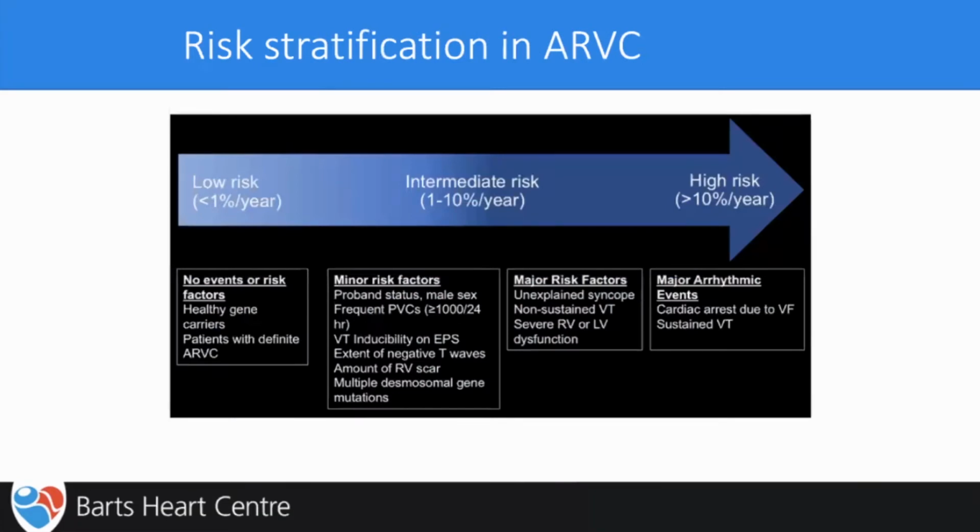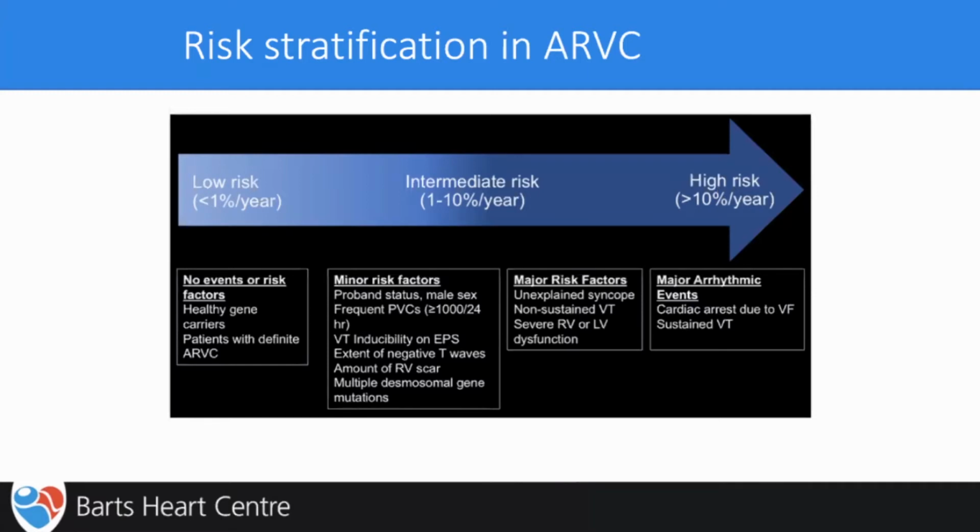Now, over multiple studies in the past, we have developed criteria for risk assessment, and we have some minor risk factors and major risk factors, and we can put the risk of every individual in a specific spectrum along our risk stratification, and potentially change our management.